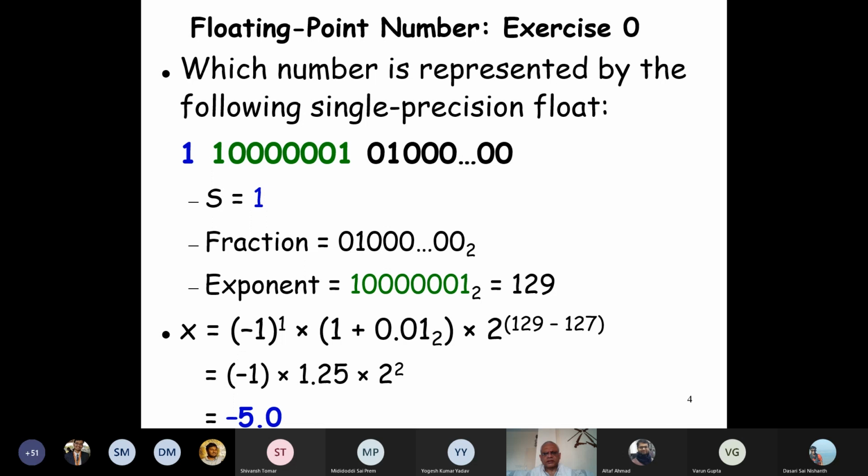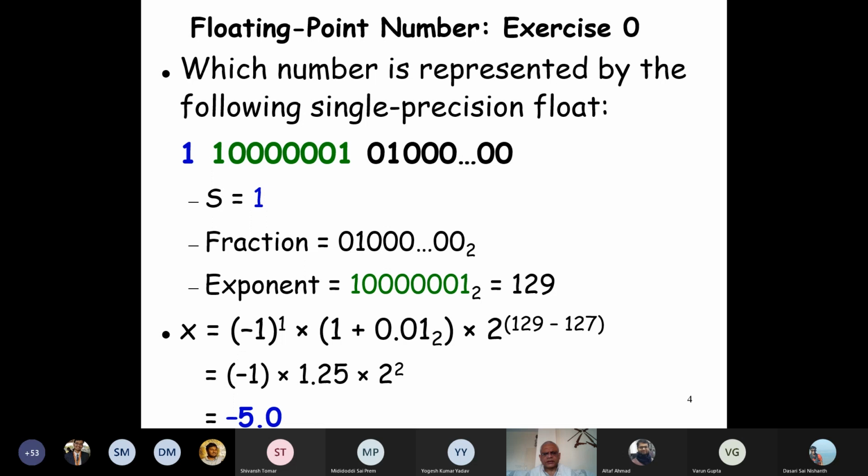Sign is 1. If you are quickly able to compute, just unmute and tell me the answer. Otherwise, we'll just slowly go to the answer. So the fraction part is this one, 0, 1, which is 0.25, right?